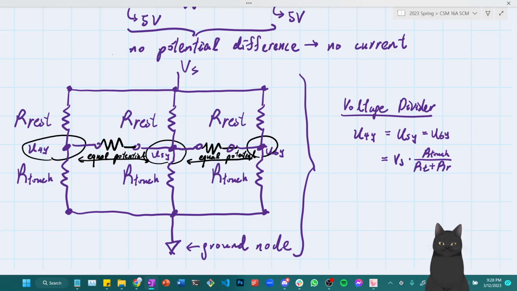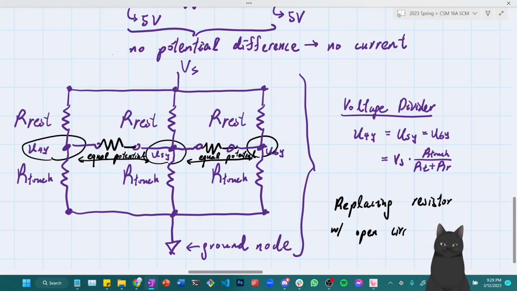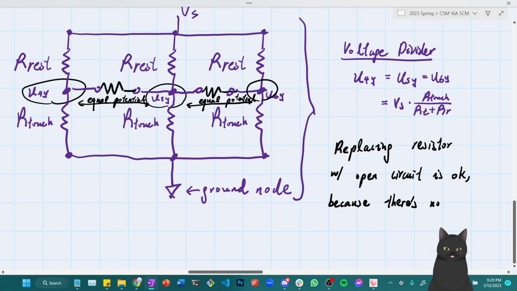So in the end, replacing the resistor with the open circuit is a fine choice. And the reason why is because there's no current flowing through the resistors, R1 and R2.